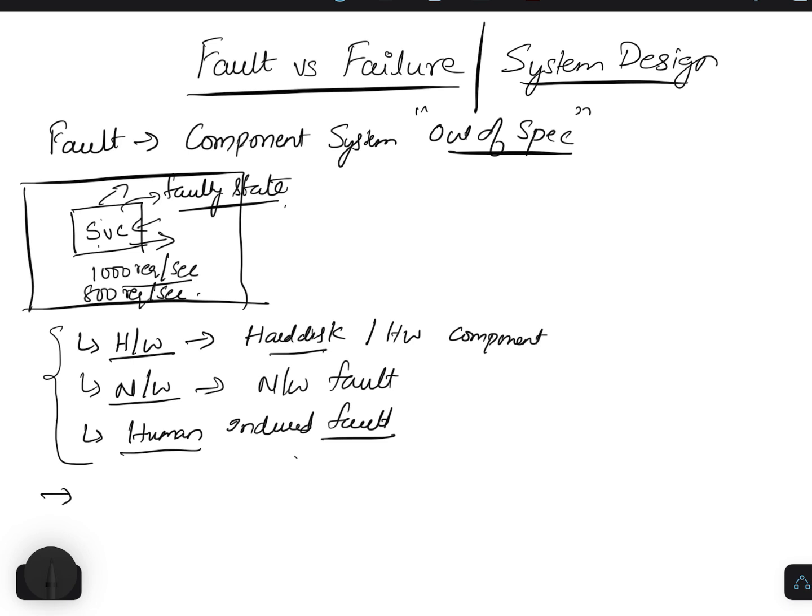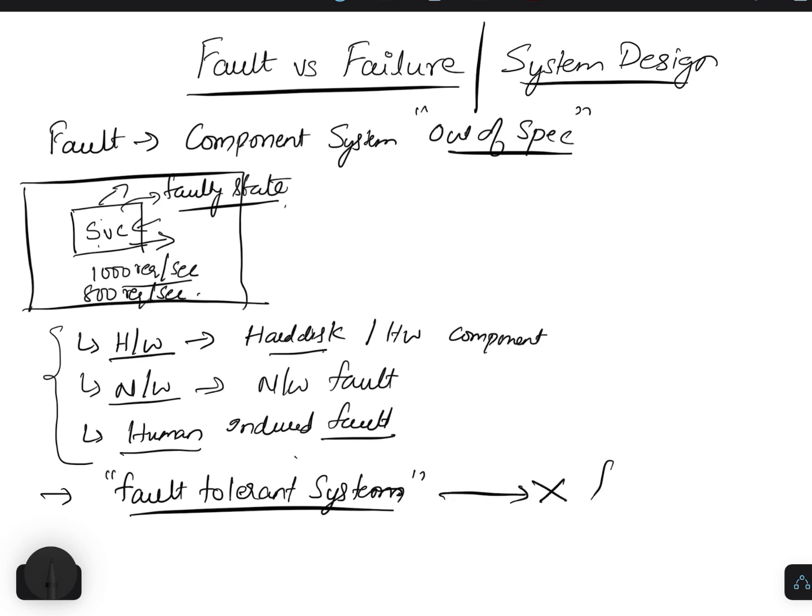Here comes the concept of a fault tolerant system. This term is coined from the assumption that some of these faults cannot be prevented and will happen at some point in time. So it is imperative that our system can tolerate some of these faults so that they do not lead to a failure.